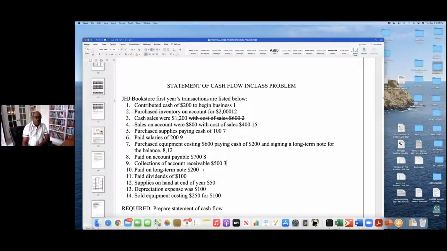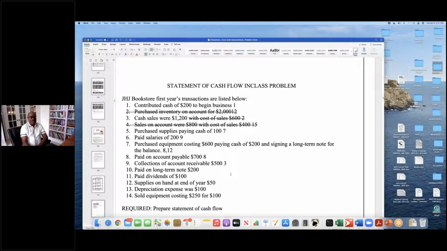Paid on long-term note. I hadn't paid on long-term notes before. Y'all haven't paid on a note before? No, sir. I don't do notes. I do everything in cash right then.